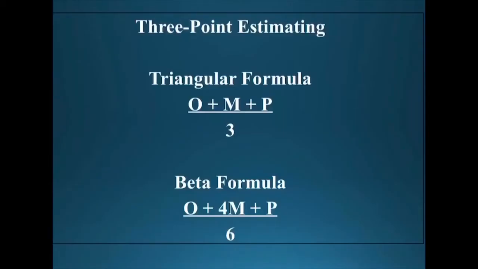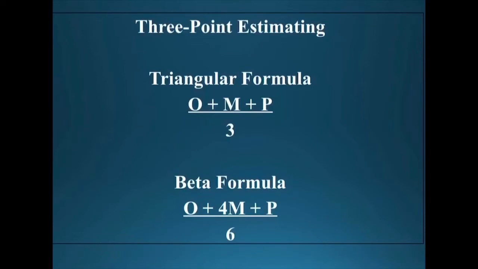The formulas for the 2 types of estimates are, for the 3-point estimate triangular, O plus M plus P divided by 3. Why? Because we have 3 values: optimistic value, most likely value, and pessimistic value. Divided by 3 gives us the average. That's your 3-point estimate based on the triangular formula.